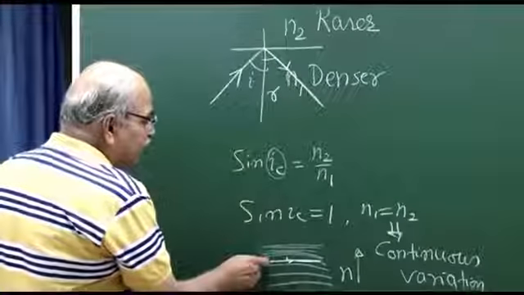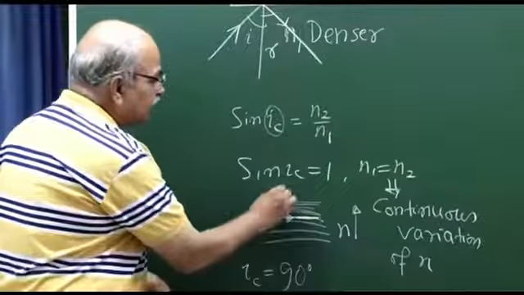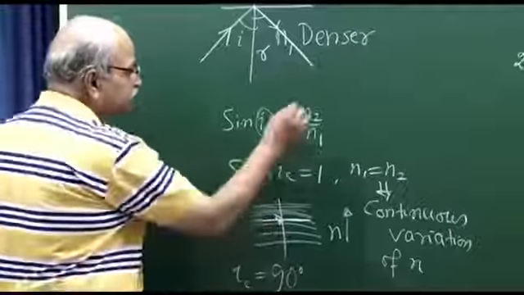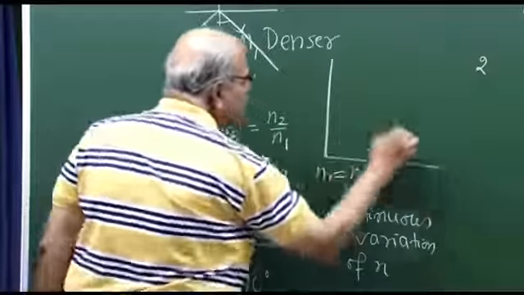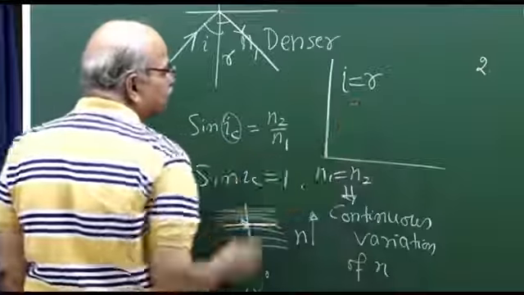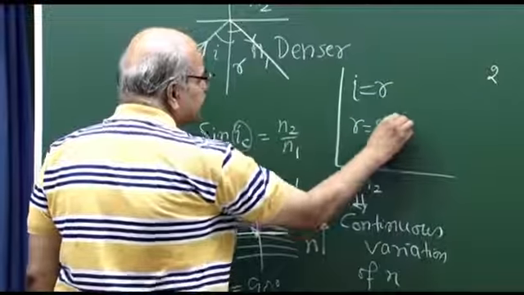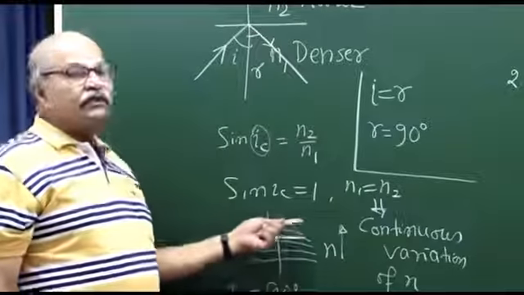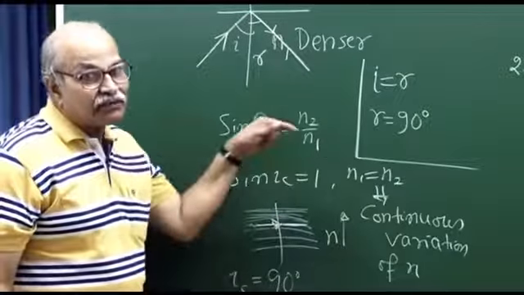So if my light has become horizontal, at that time the angle of incidence is 90 degrees, and therefore R should also be 90 degrees. And angle of reflection 90 degrees means it is going along that layer, it is not bending.